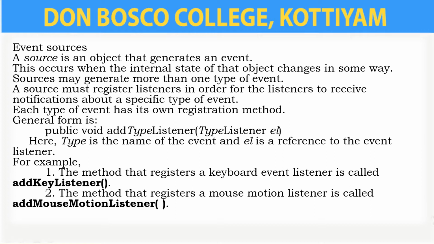The syntax for registering a listener for an event is: public void addTypeListener(TypeListener el). We have to specify the type there. Type is the type of event that is mentioned there, and el is a reference that we have to create.